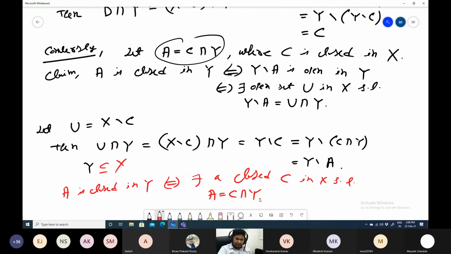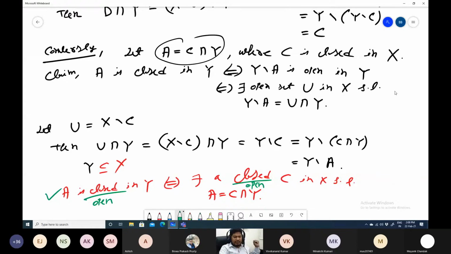And we know this is true for open sets as well, right? That was the definition, and by using that definition we proved that it is true for closed sets as well.